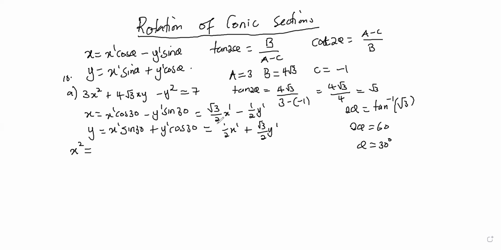You see that we have a 2 down that's common, so we'll factor out the 2 and then square it, so it will become 1 over 4. And then we'll remain with root 3 x prime minus y prime multiplied by root 3 x prime minus y prime. Then we expand this.